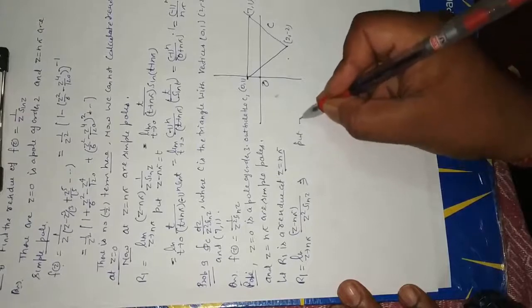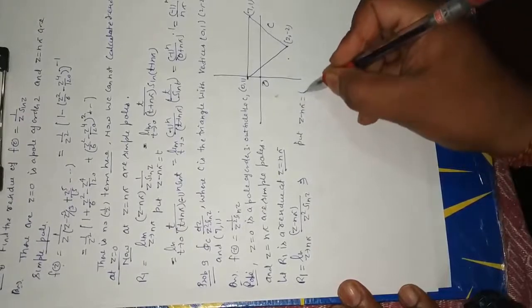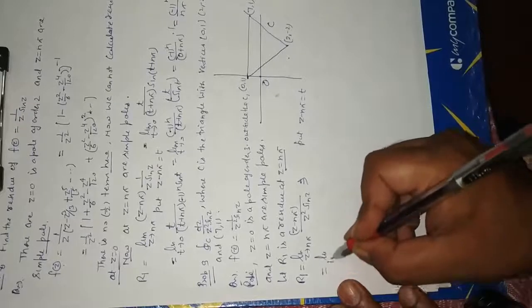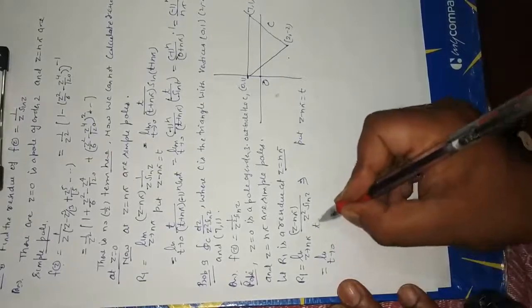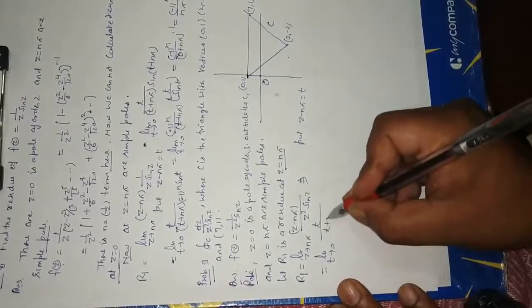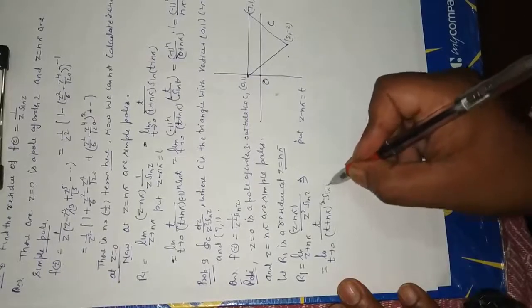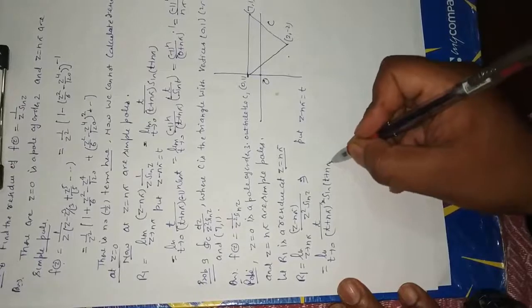Now putting z minus n pi is equal to t, this is equal to limit t tending to 0, t upon (t plus n pi) whole square, sin(t plus n pi).